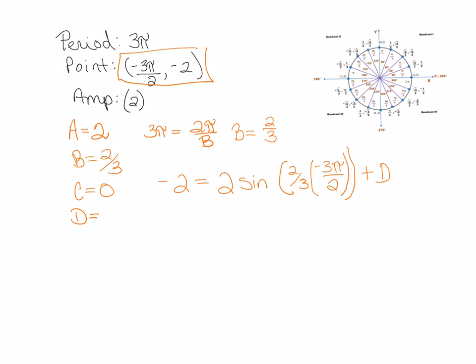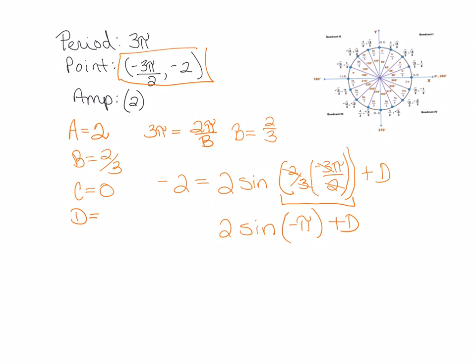Now, go ahead and do that arithmetic right here and see what you get. You're going to get 2 sine of, and we're going to cancel out our 2's, cancel out this 3, and you're going to get 2 sine of -pi plus d.